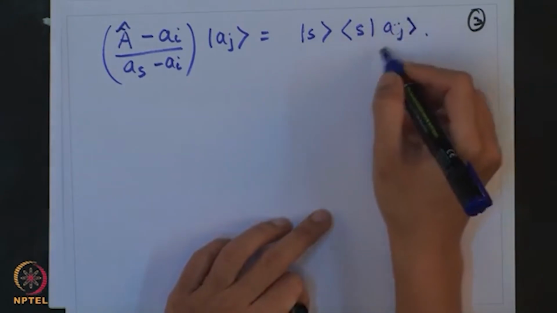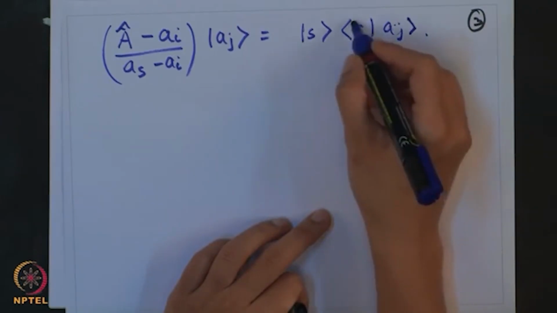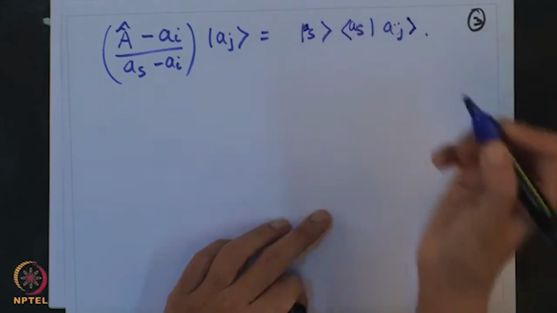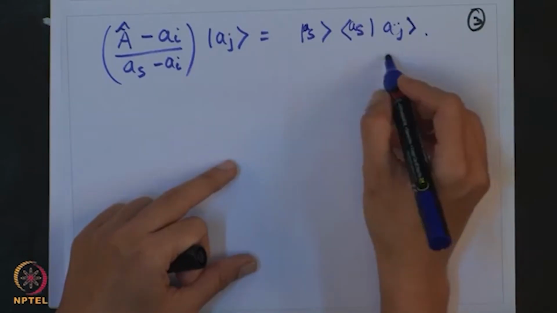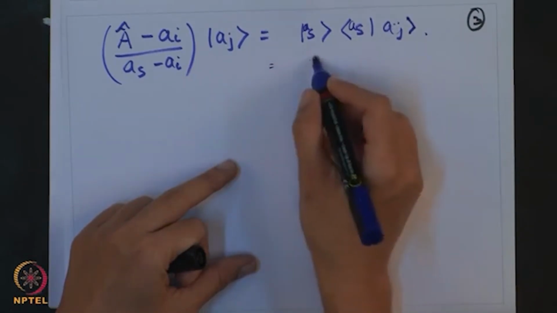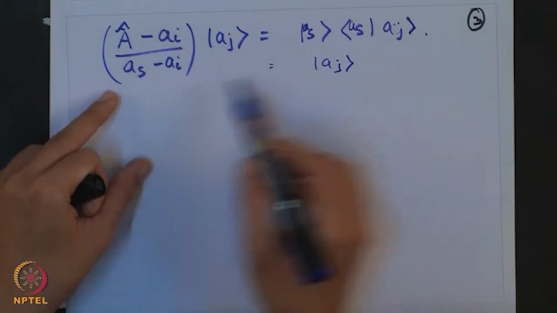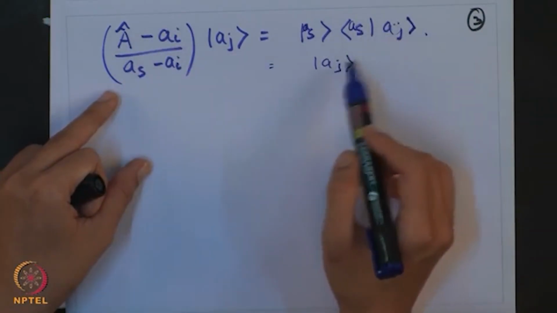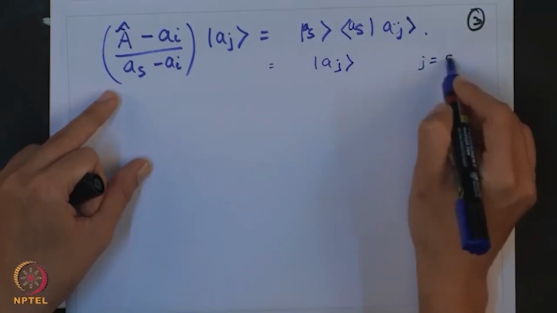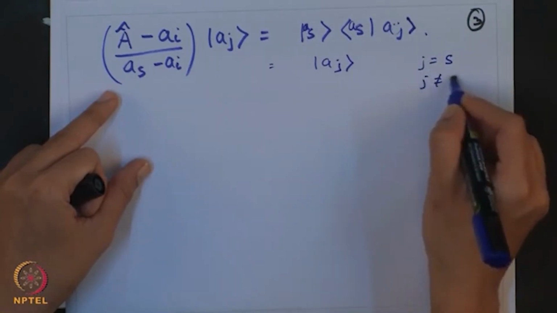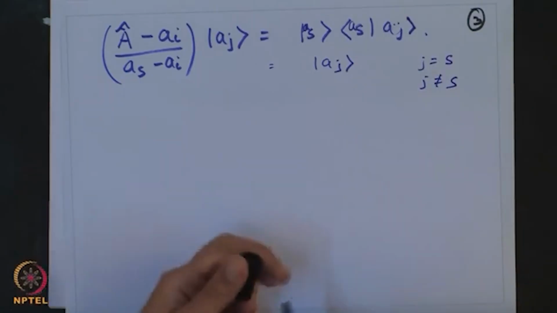So, when S is equal to j, let me write this as As rather. So, when S is equal to j, you will have just Aj. So, when this is 1, you have when j is equal to s, and when j is not equal to s, this one will become 0.